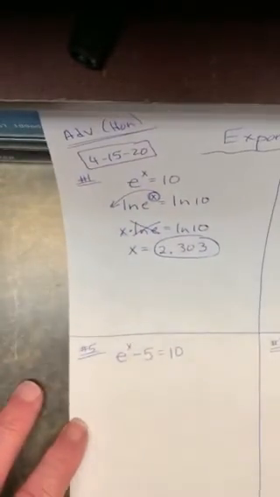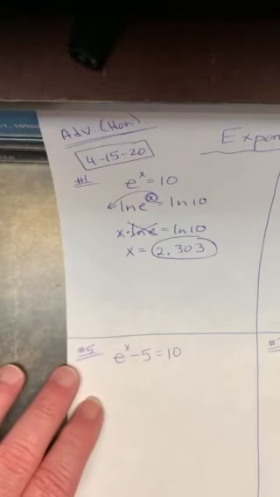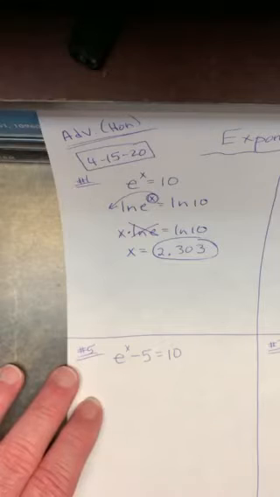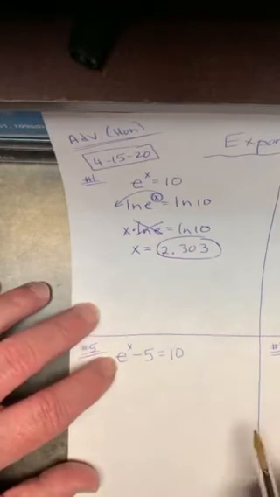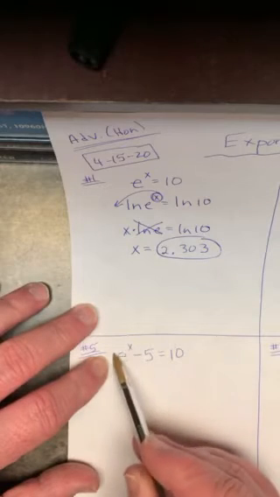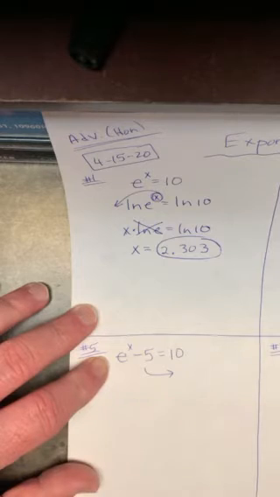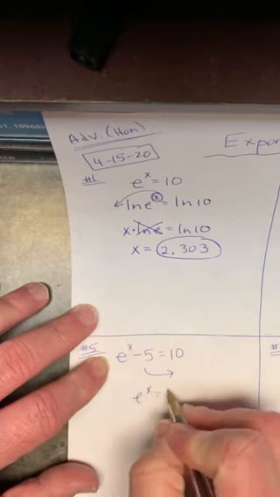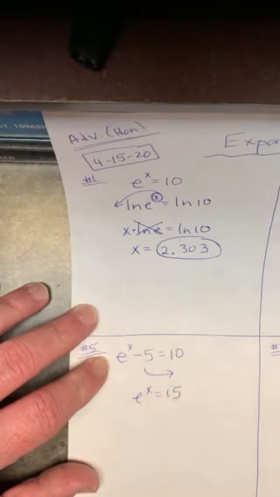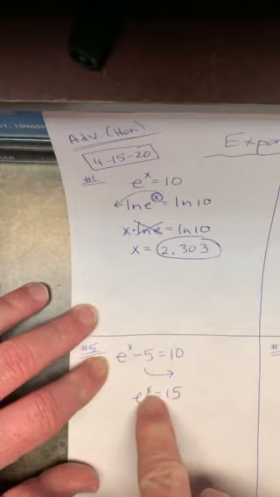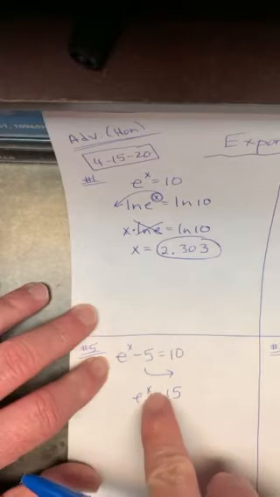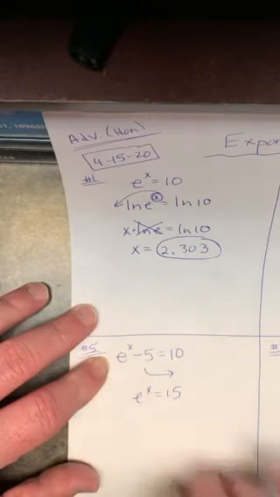Okay? Problem number 5 on our worksheet that again is found on your Schoology page. You can print this out, have all 32 questions right there in front of you, or refer to it if need be. Well, once again, do you agree we got to get this e to the x by itself? So big deal. Let's shove over the 5. I've got e to the x equals 15. Now that I've gotten a base and an exponent by itself and I'm seeking a missing exponent, I'm going to log both sides.